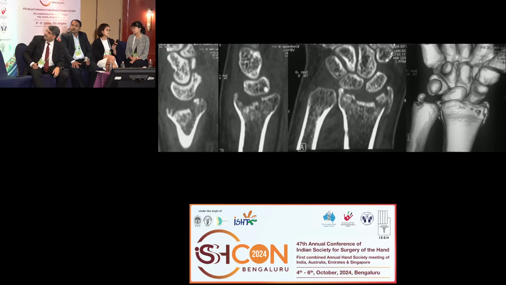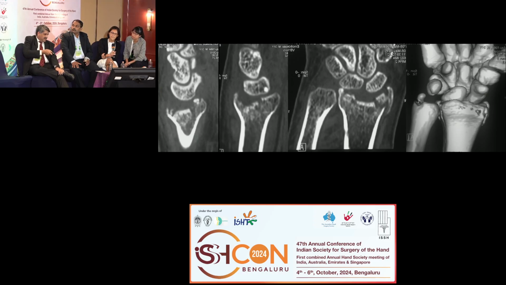Okay. My concern is, if you look at it here, this one and this one, the 3D obviously doesn't give us the complete picture, but here that seems to be an almost intact volar cortex, and then we get to the dorsal comminution, which is here, and that leaves us only a very thin fragment of bone. So in my mind, even if we went volar, I would take your idea.